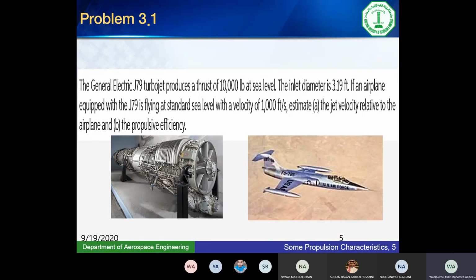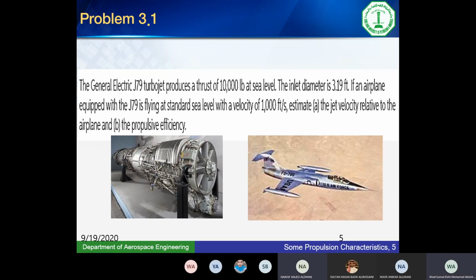So at 0 altitude, that's the sea level, this engine, which generates 10,000 pounds of thrust, the aircraft will fly at a velocity of 1,000 foot per second. Is this a high speed or a low speed? 1,000 foot per second.